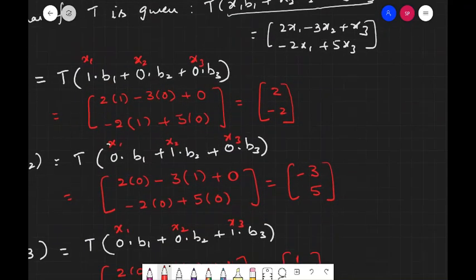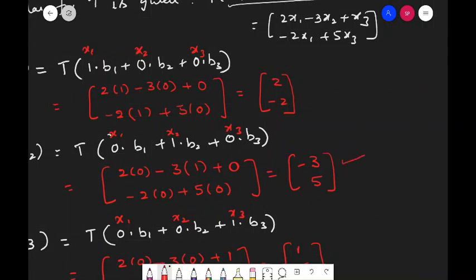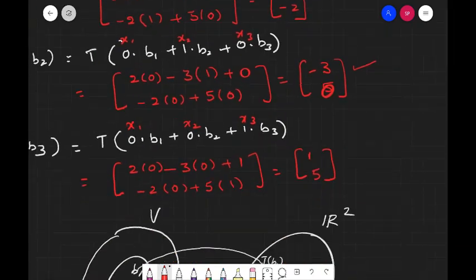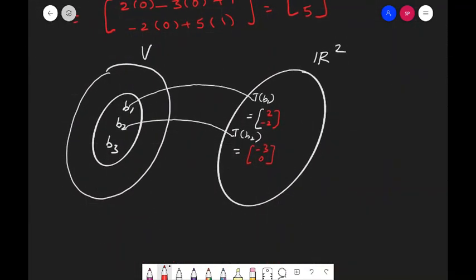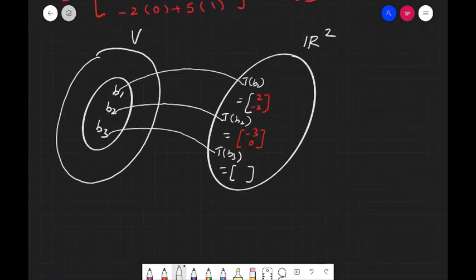T of B2 is minus 3, sorry, this is 0, not 5. So minus 3, 0. And then next, B3 is mapped to T of B3. Then this is equal to 1, 5.